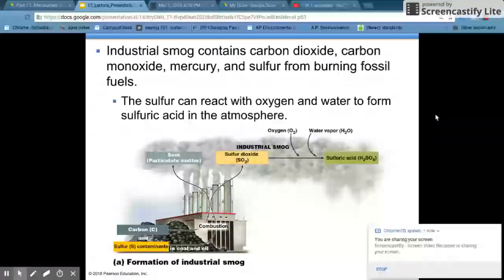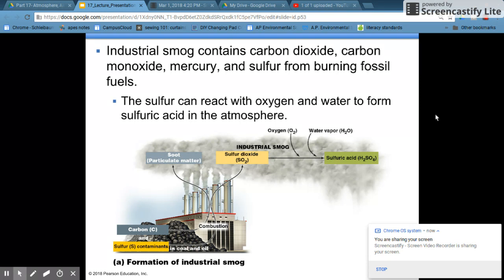Very simply put, if you are burning fossil fuels, one of the products of combustion is going to be sulfur dioxide. You can see in this picture, coming out of the smokestack where they're burning coal or oil, is sulfur dioxide. That sulfur dioxide gets into the atmosphere and it mixes with two things that are there normally, oxygen and water vapor, and it forms sulfuric acid.